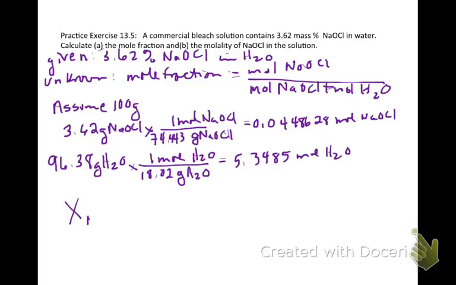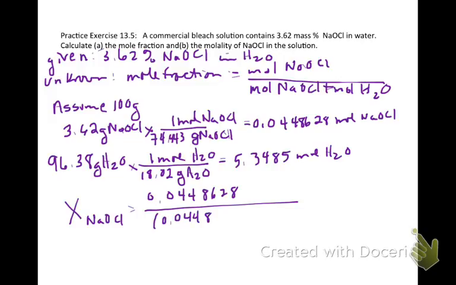So the mole fraction X of my sodium hypochlorite is going to be equal to 0.048628 over 0.048628 plus 5.3485. Oh, I'm sorry, I copied this number down wrong.